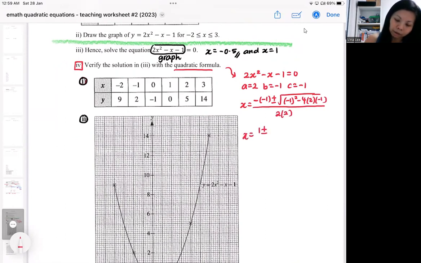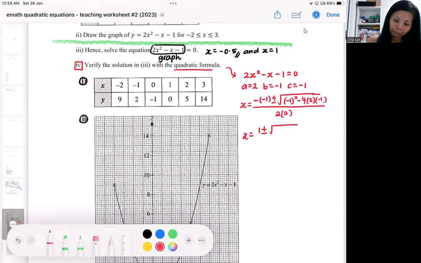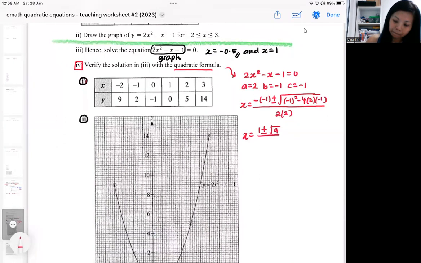So that is the idea of verifying. When we want to verify something, it's to double confirm. So I'm going to try the quadratic method. I should be getting two answers. Okay, you punch your calculator.